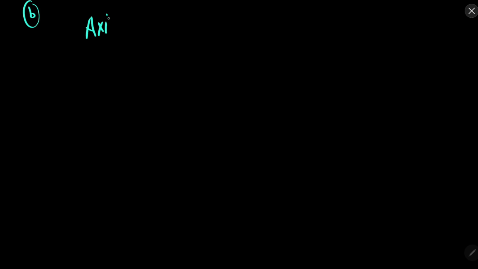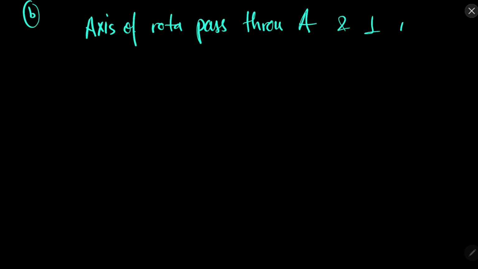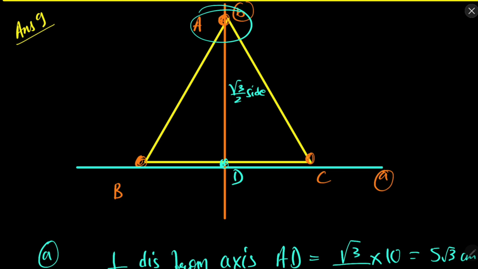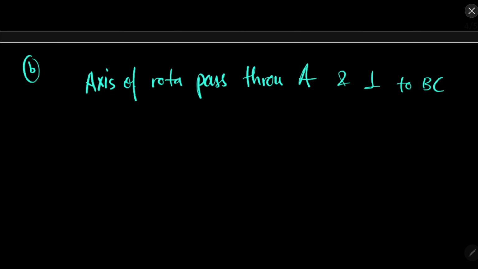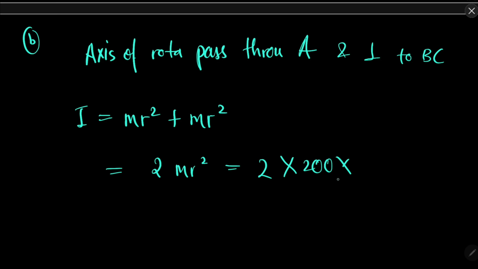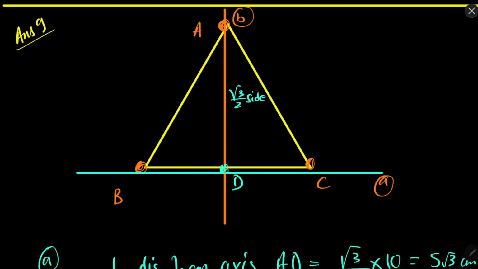Now in this second part, the axis of rotation, let's say it passes through A and is perpendicular to BC. So the net moment of inertia will be due to 2 particles B and C. So 2 m r square, 2 into mass 200 and the perpendicular distance again.